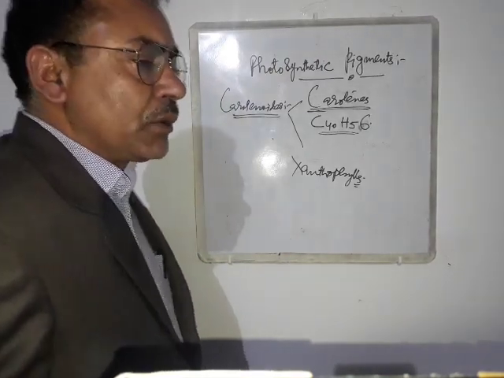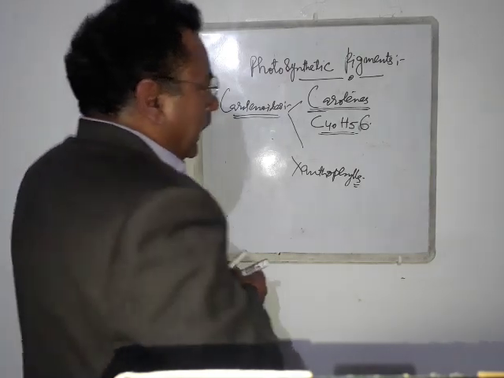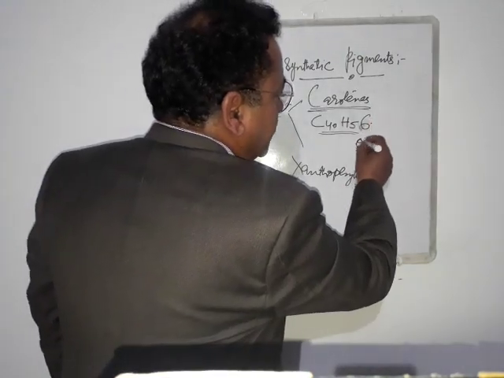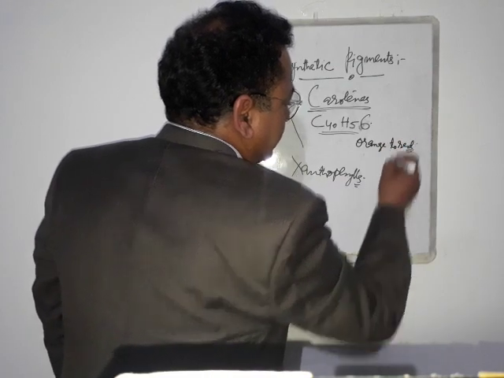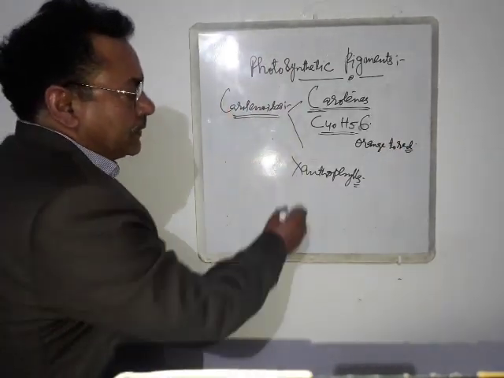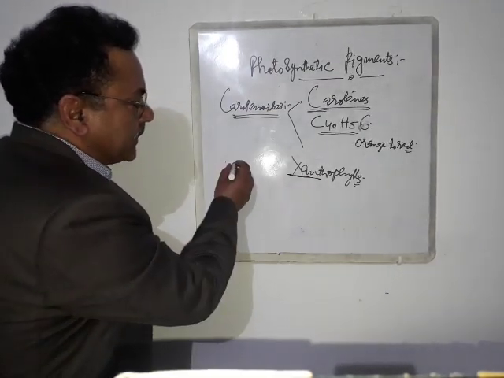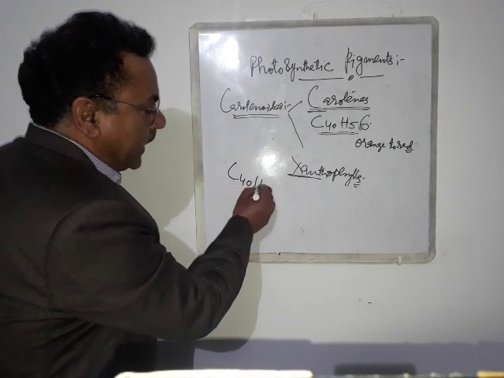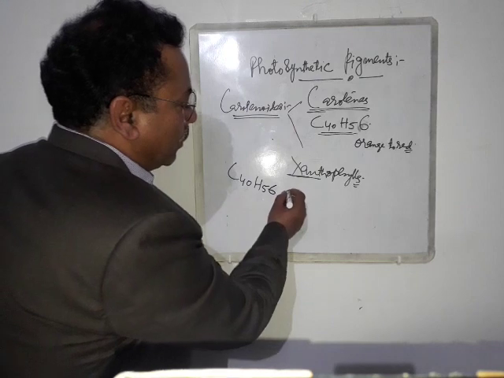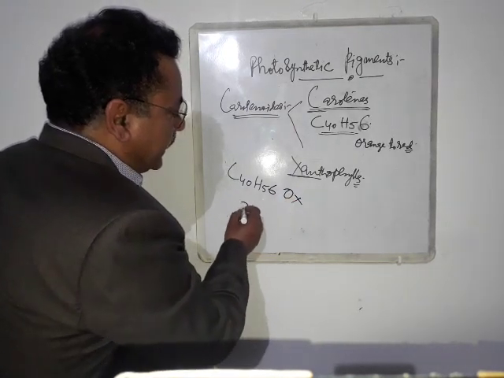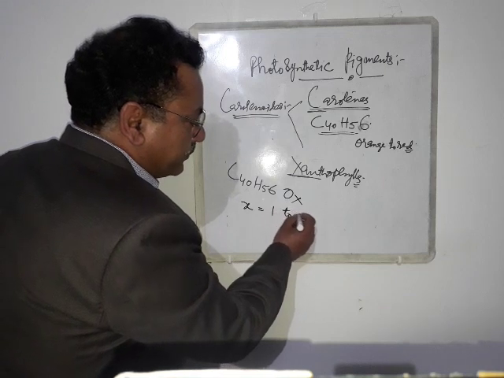So carotenes have carbon, hydrogen, but they lack oxygen. And carotenes are orange to red in coloration. On the other hand, we have xanthophylls. Xanthophylls are represented by the formula C40H56Ox, and here x will be any number from 1 to 8.